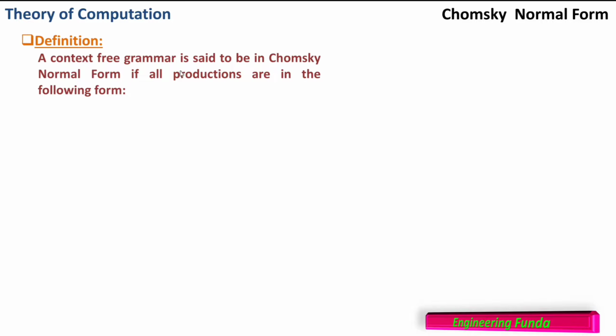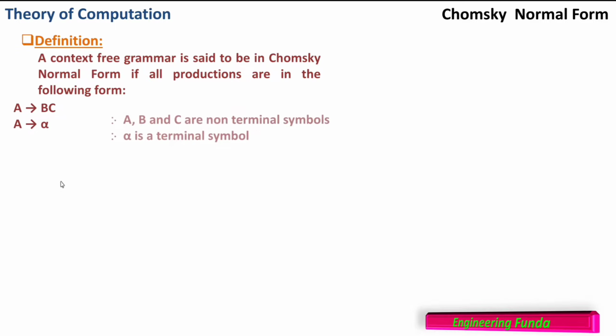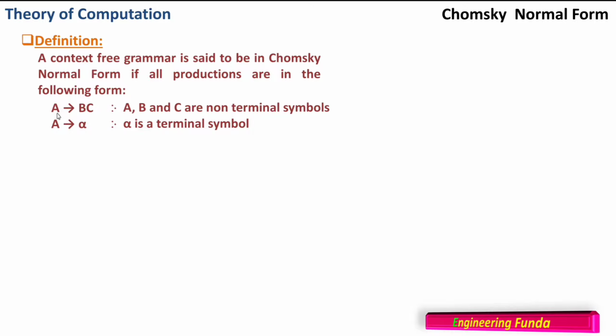A context-free grammar is said to be in Chomsky normal form if all productions are in the following form. So a CFG is said to be in CNF if all the productions follow these two given forms. First is A tends to BC, where A, B and C, all three are non-terminal symbols.